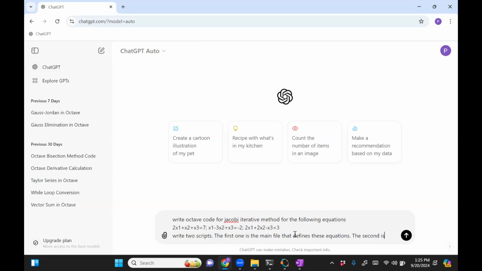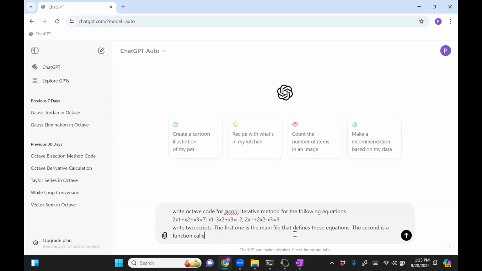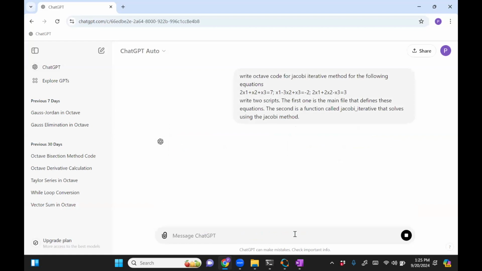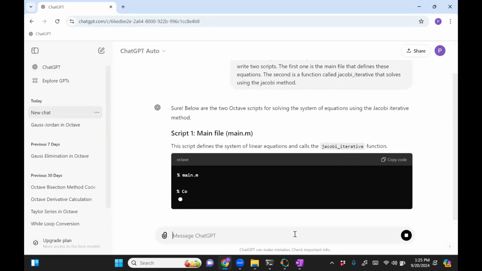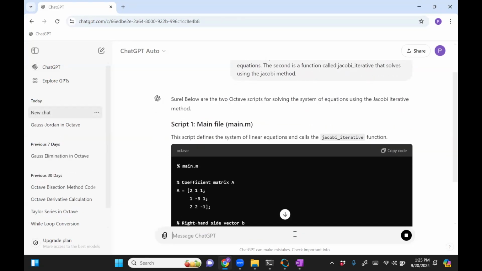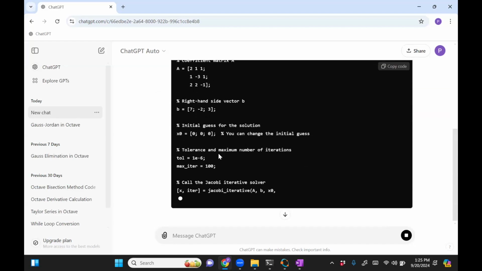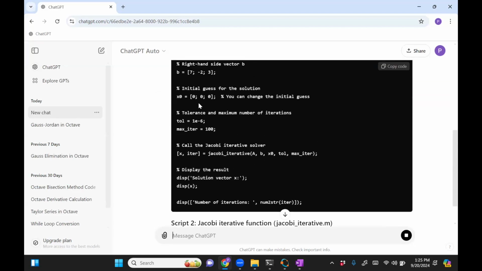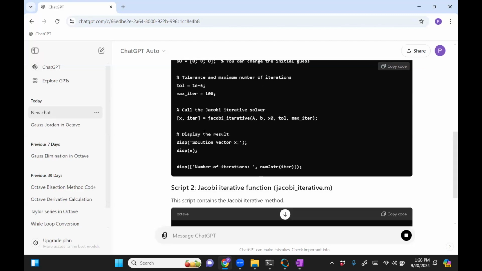The second is a function called Jacobi iterative that solves using the Jacobi method. Okay, so I put it as A, B, okay. Initial guess, okay, use 0, 0, 0, just like us. Iterations, tolerance. Okay, I did not specify a tolerance, but just put something there.